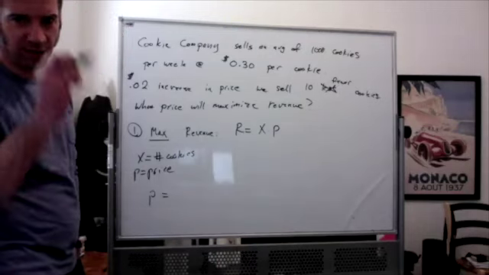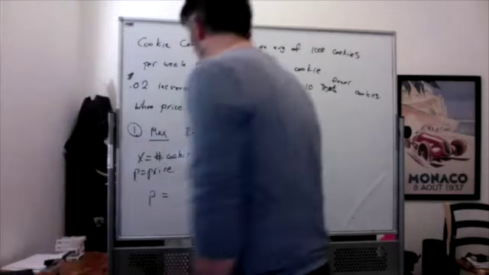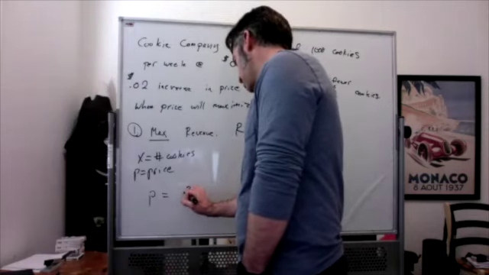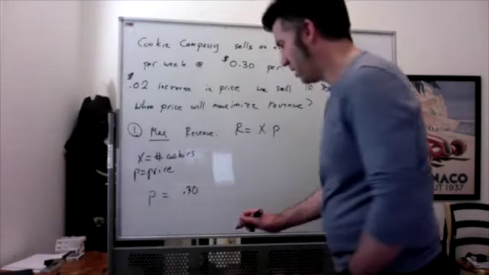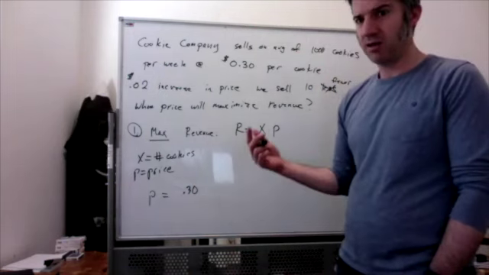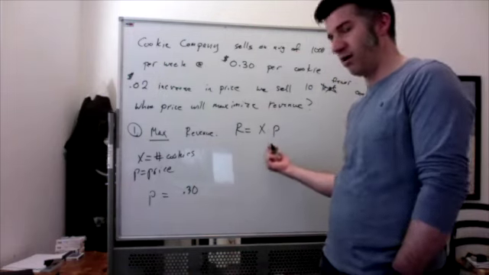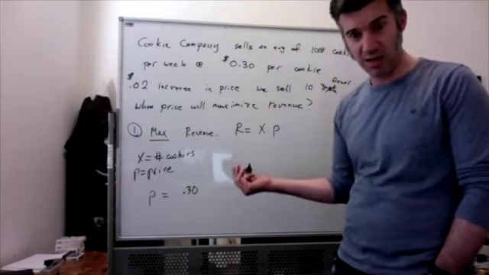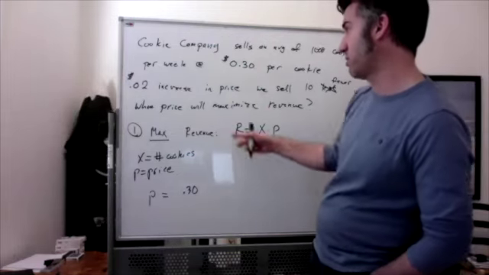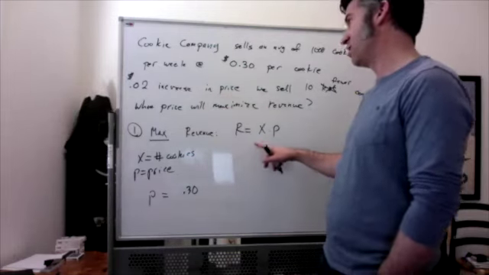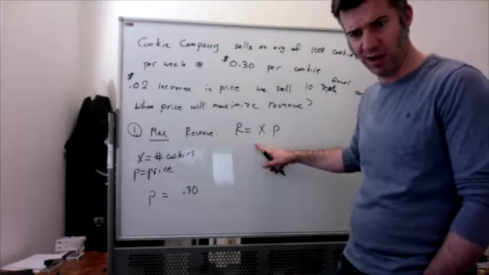So I'm going to say the price is 30 cents, and then if x goes up by 10, if my price goes up by 2 cents, the number of cookies is going to go down by 10.